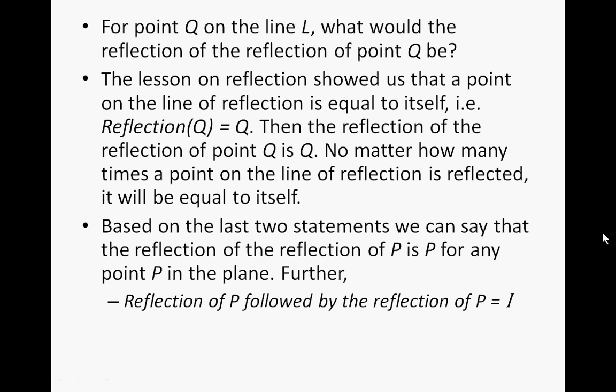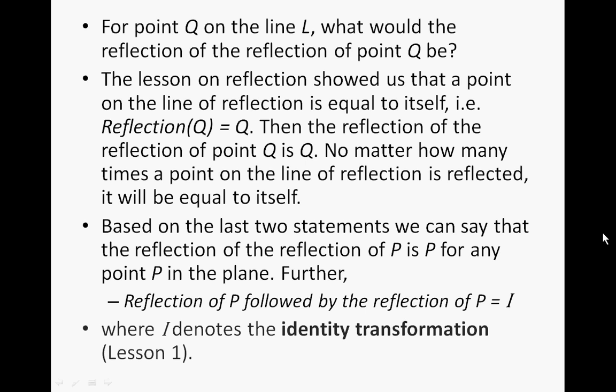So based on the last two statements, we can say that the reflection of P is P for any point in the plane. Further, the reflection of P followed by the reflection of P is I, where I is denoting the identity transformation. So P stays itself no matter how many times you reflect it.